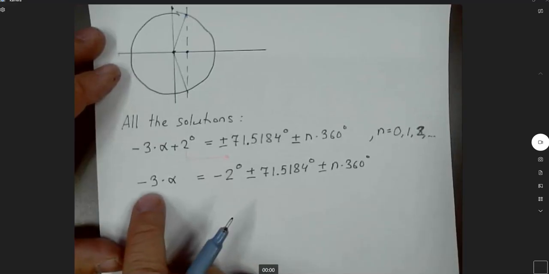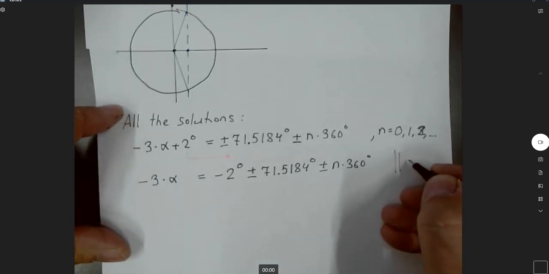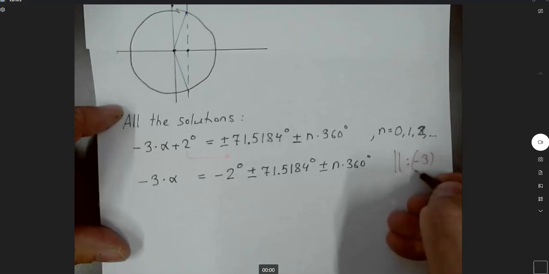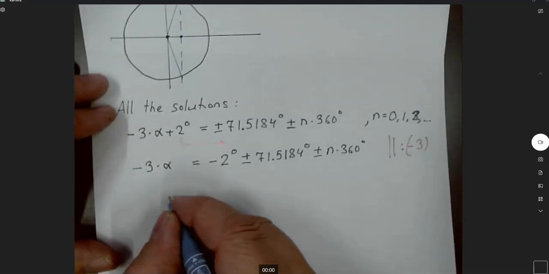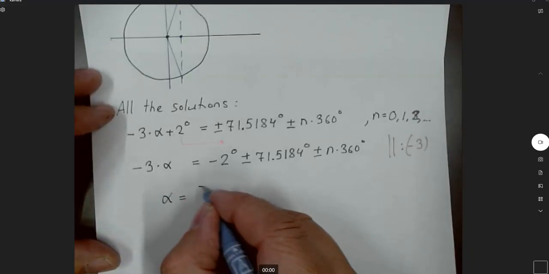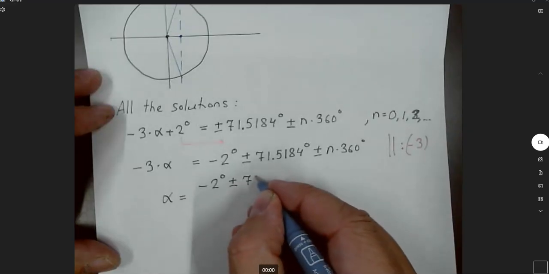And then we have minus 3 there, so we will divide this equation by minus 3. So the solution will be that terrible expression there.